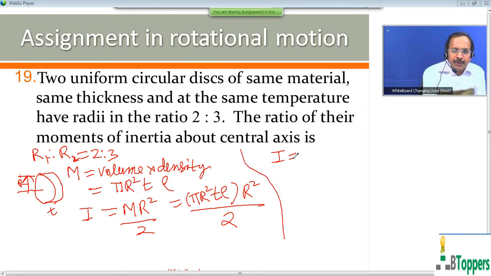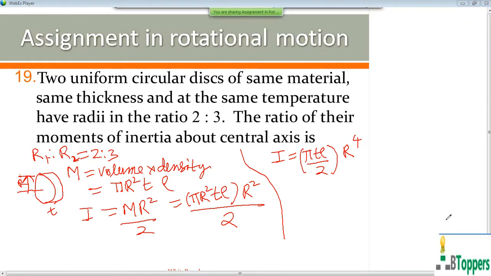So moment of inertia of uniform circular disk about its central axis of symmetry in terms of thickness T, density rho, and radius r can be written as pi T into rho by 2 into r power 4.